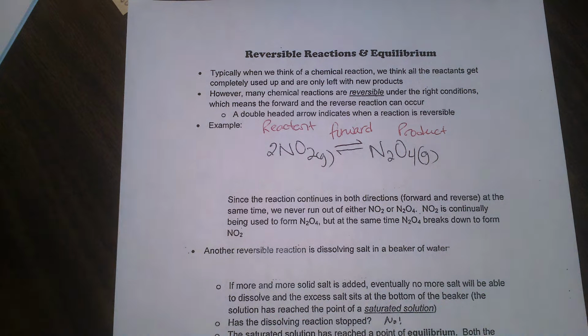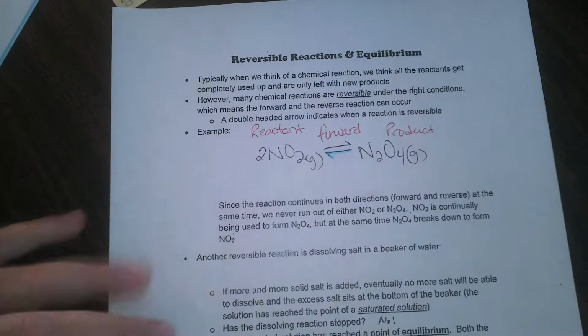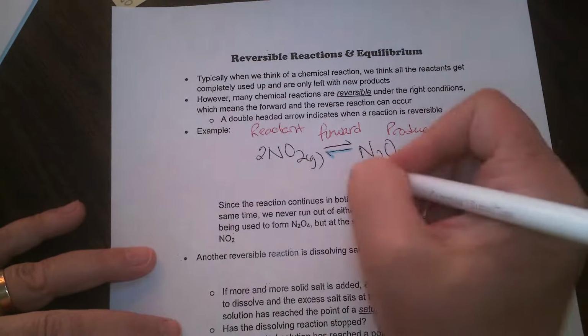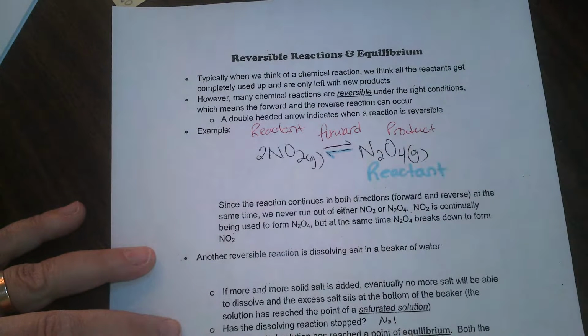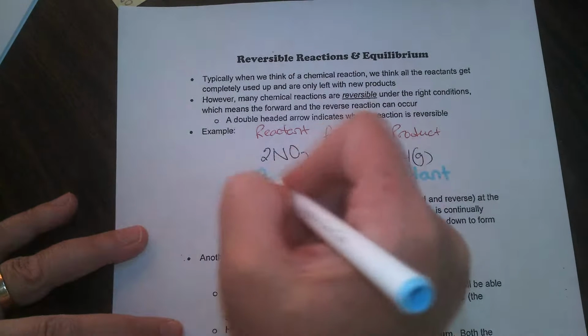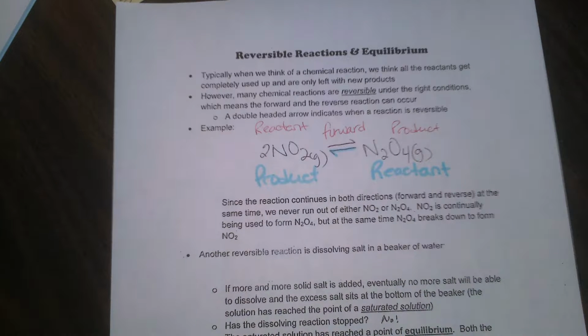In the reverse reaction, which is going backwards, N2O4 would be the reactant and NO2 would be the product. Okay?